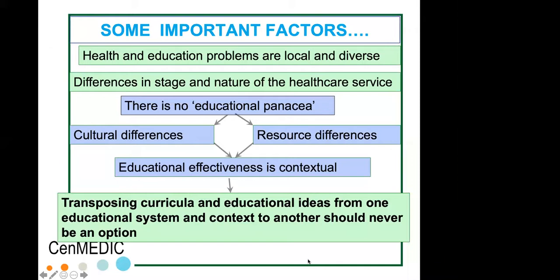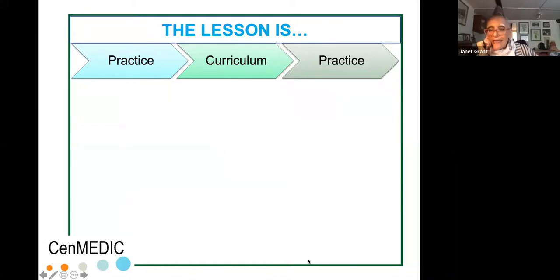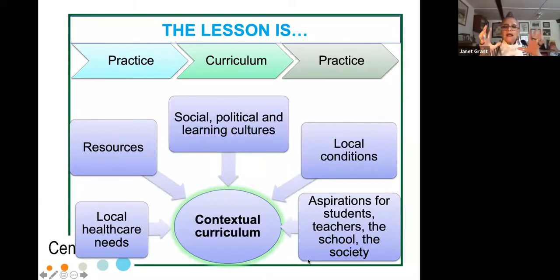Start. The lesson is this, as I've said before: start from the practice of medicine where you are, and design your curriculum on that to return your graduates to practice. So a contextual curriculum must do this. It must take into account the local healthcare needs.